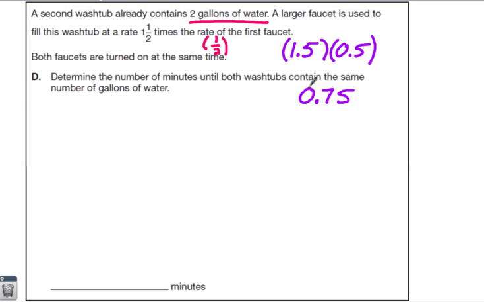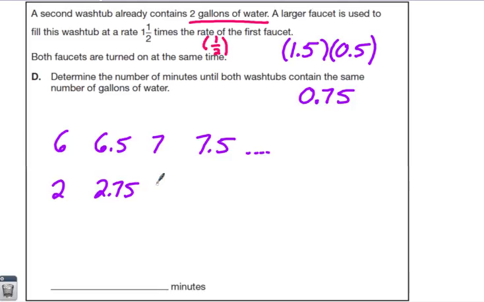The first faucet went 6, 6.5, 7, this was after 1 minute, this after 2 minutes, this after 3 minutes, and same thing for the second faucet, where it started off with 2, and then 2.75 after 1 minute, and then 3.5, I believe. And just keep that going, a minute by minute chart, until they matched.